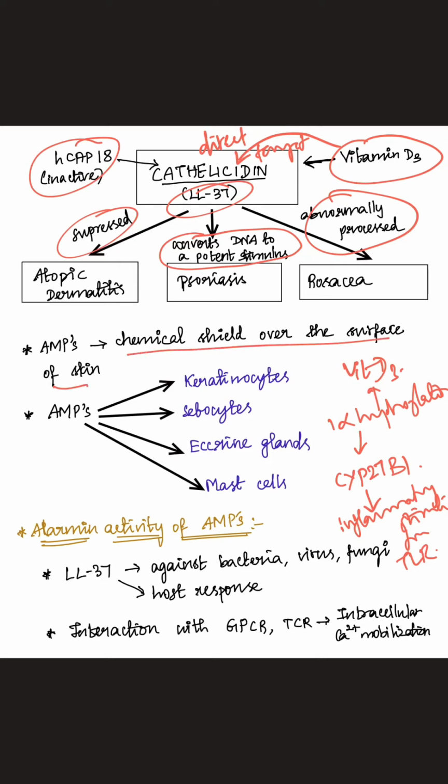These antimicrobial peptides also form a chemical shield over the surface of skin, and they are secreted by keratinocytes, sebocytes, eccrine glands, mast cells, and also by neutrophils and macrophages. So what is this alarmin activity of antimicrobial peptides?